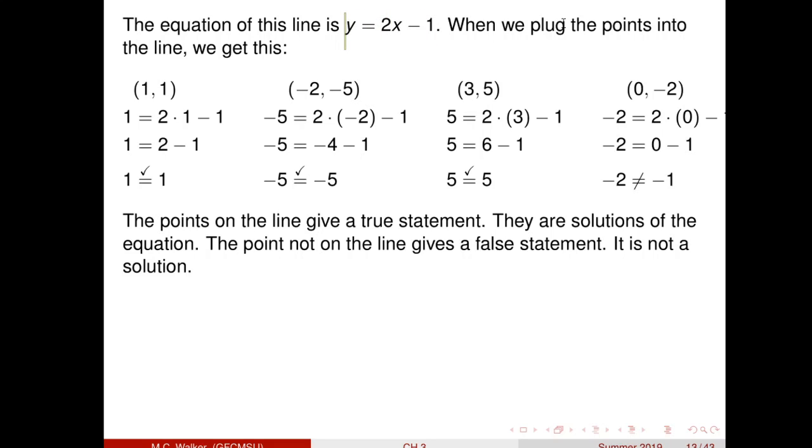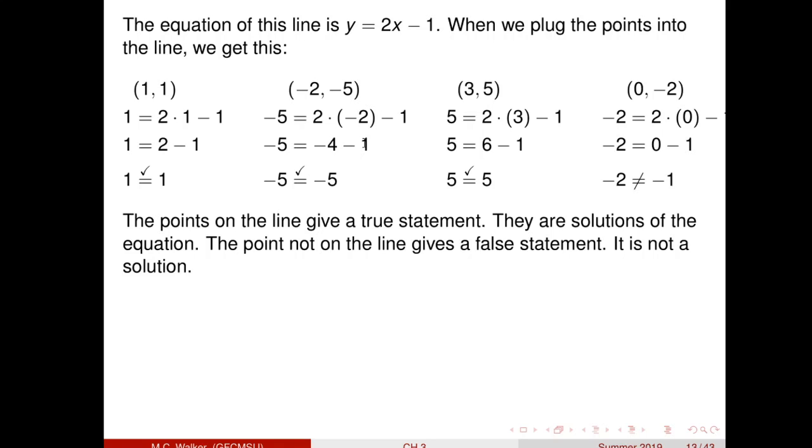If we were to plug points into the line, we would get, for (1, 1), 1 is equal to 2 times 1 minus 1, or 1 is equal to 2 minus 1, 1 is equal to 1. That's a true statement, which means that this point is on the line. For (-2, -5), that's -5 is equal to 2 times -2 minus 1.